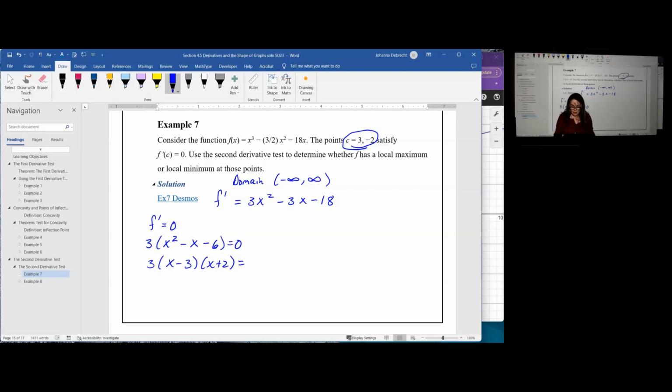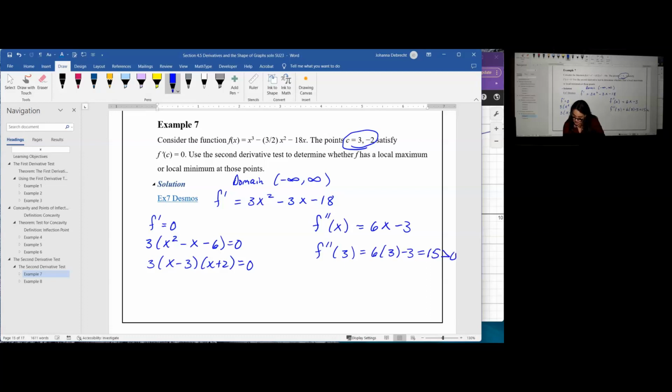Let's take a look now at using the second derivative test without having to use the first derivative test. I want to test at the critical points by placing them into the second derivative. The second derivative is 6x minus 3. F double prime at 3 gives me 18 minus 3, which is 15.